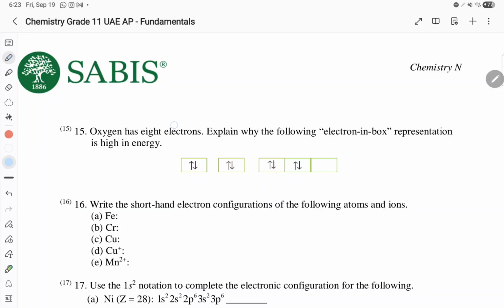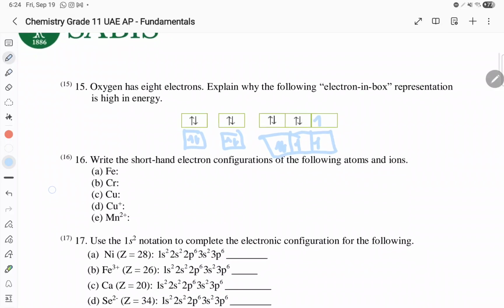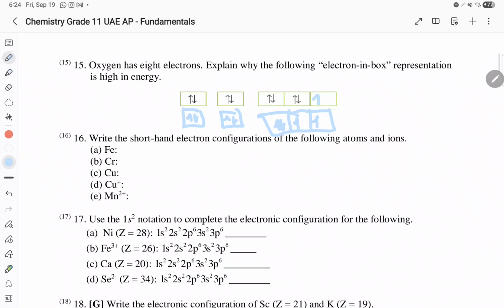So after all 3 of these have been filled with 3 ups, then you could start pairing the other electrons. So the lowest energy representation is supposed to be up, down, up, down, up, up, up, then down. That's how it's supposed to be.